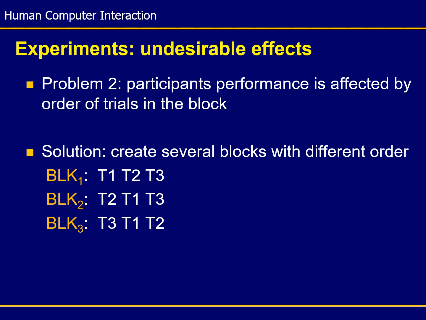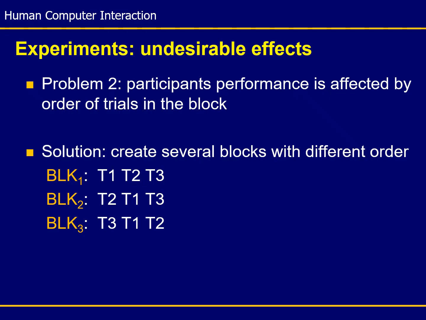So you see here the 3 blocks we talked about and why we need them. We already described that. Why do we need 3 blocks? But if you look inside the block, I don't have the same sequence of trials. Block 1 has trial 1 followed by trial 2 followed by trial 3. Block 2 has trial 2 followed by trial 1 followed by trial 3. And block 3 has trial 3 followed by trial 1 followed by trial 2. So I am rotating the trials within the block, and this is done in all the 3 blocks.